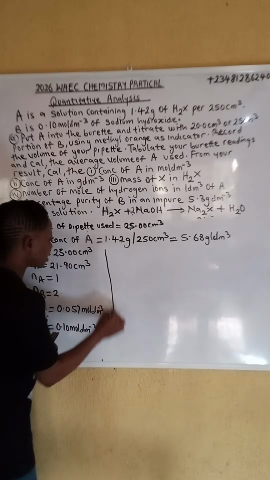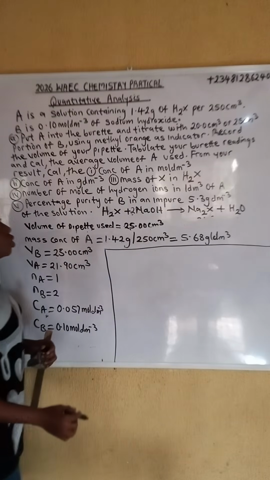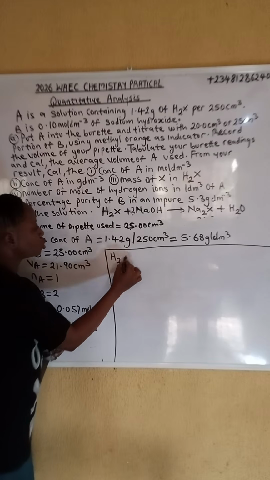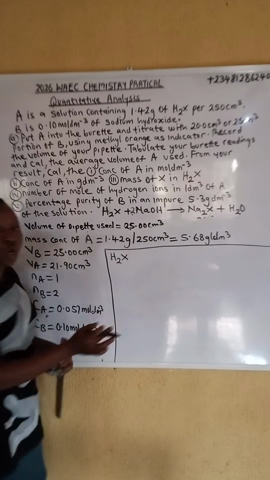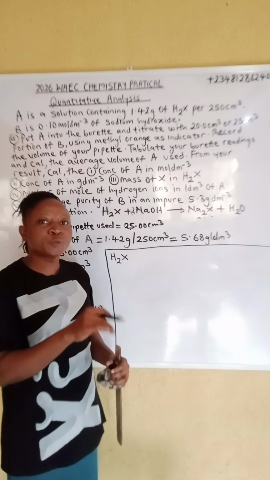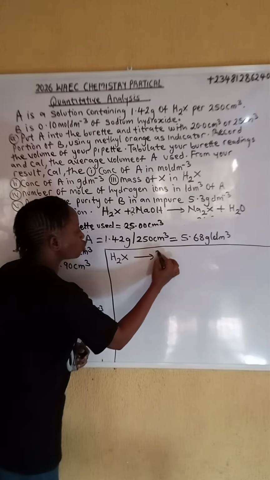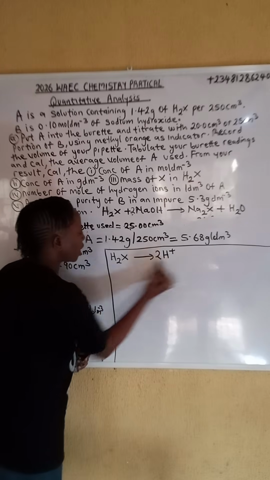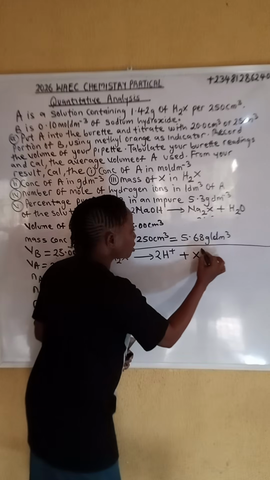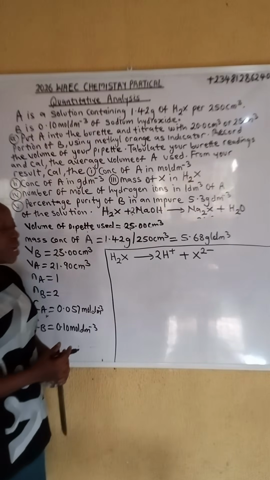So you are going to write the dissociation of this acid, H2X. An acid produces hydrogen ion. So this one will give you 2 hydrogen ion plus X2 minus.